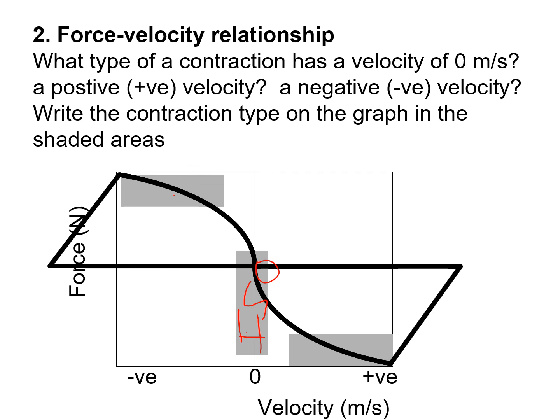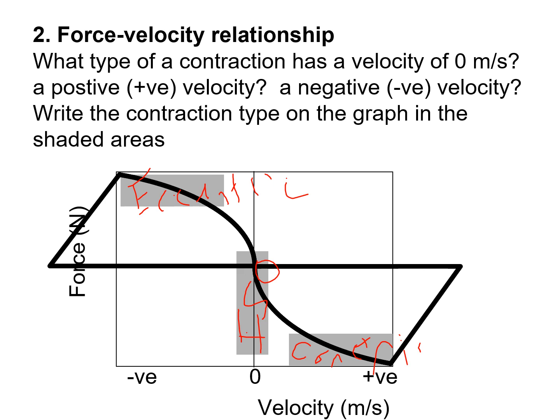So we'll enter in concentric right here. That's our concentric contraction. Then finally, because we don't have any more options left, we'll consider a lengthening to be negative displacement, so we have a negative velocity with our eccentric contraction.